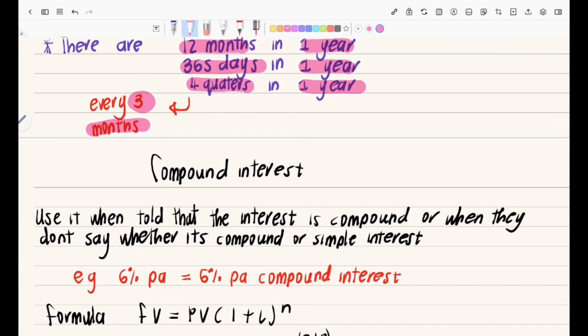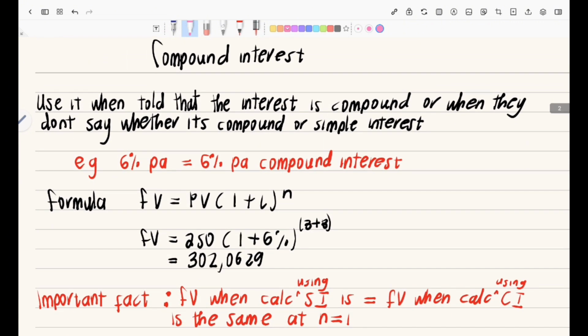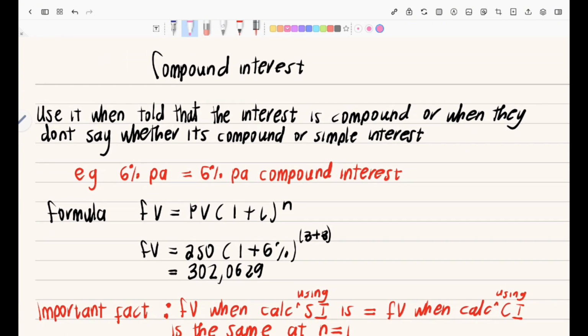Okay, and then the second point that we focus on today is compound interest. With simple interest, you calculate your interest based on your principal amount. However, for compound interest, you calculate interest based on the principal amount plus the interest for the previous time period, right?